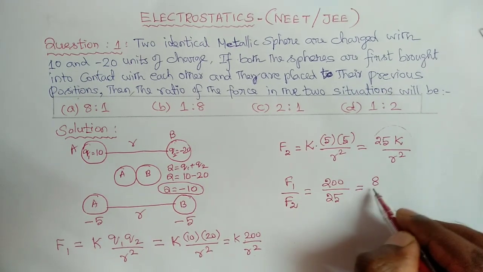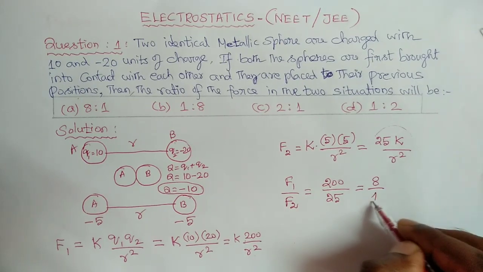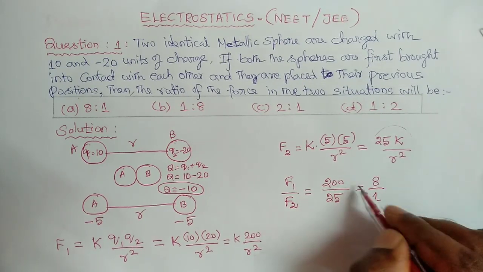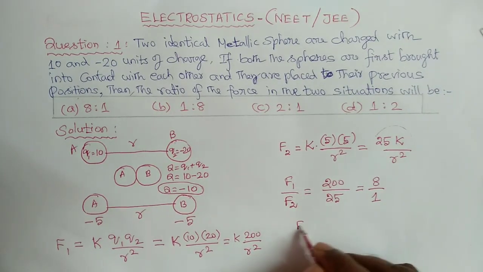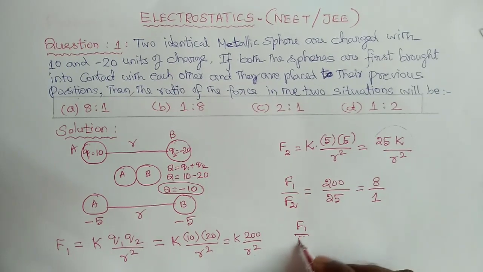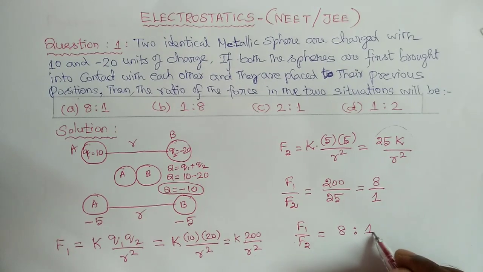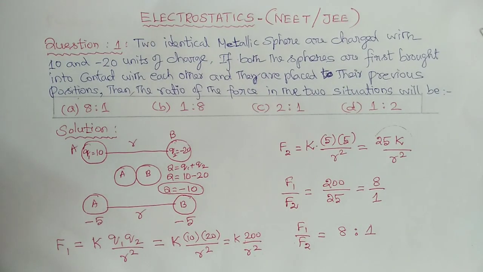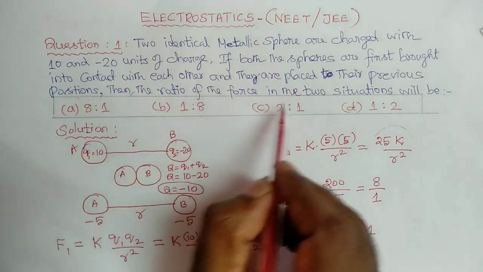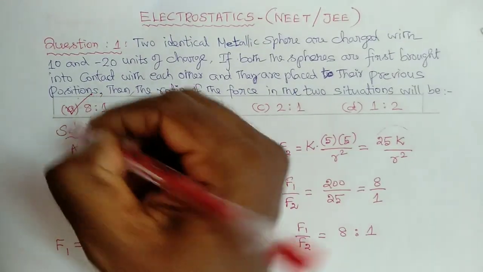So we'll get 8, since 8 into 25 is 200. So F1 by F2 is equal to 8:1. So we see the options, 4 options. So this is the answer.